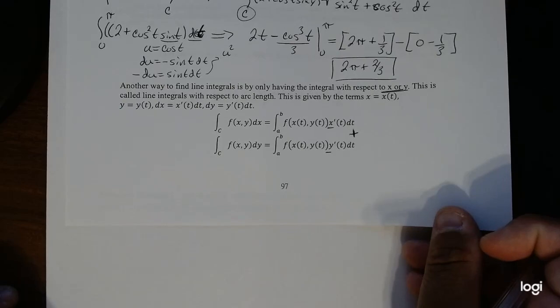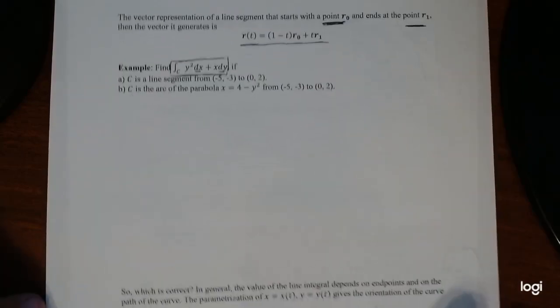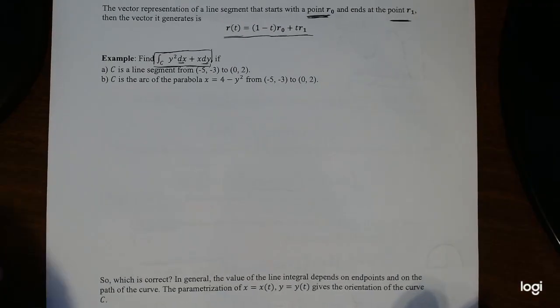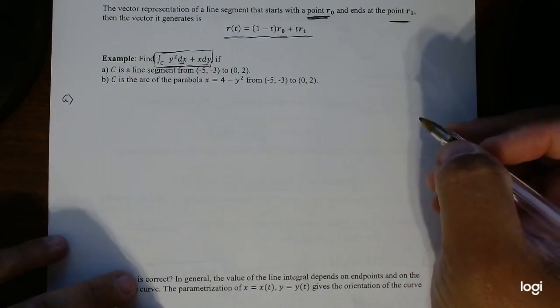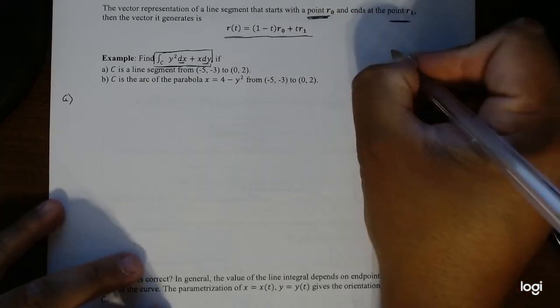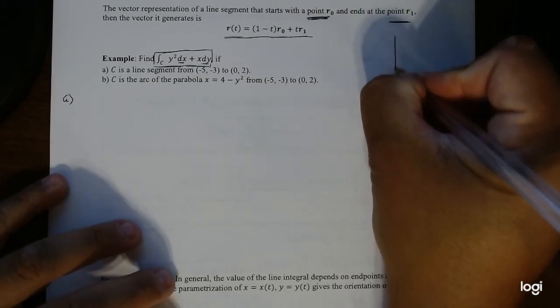Not this, but actually this. Okay. So now that we have that hint, we have A and B. So the C is a line segment from -5, 3 to 0, 2. All right. So let's just graph what's going on here.